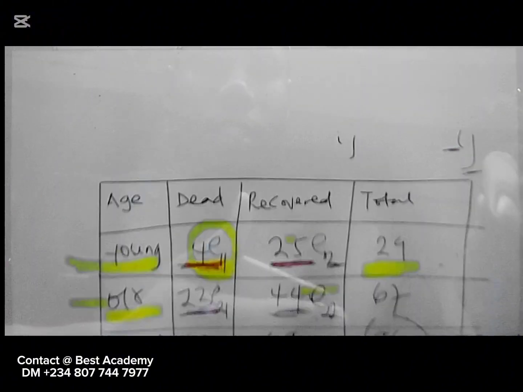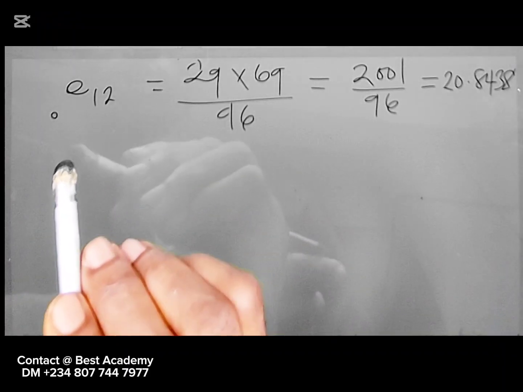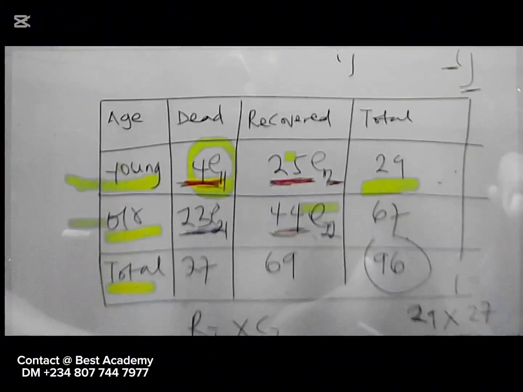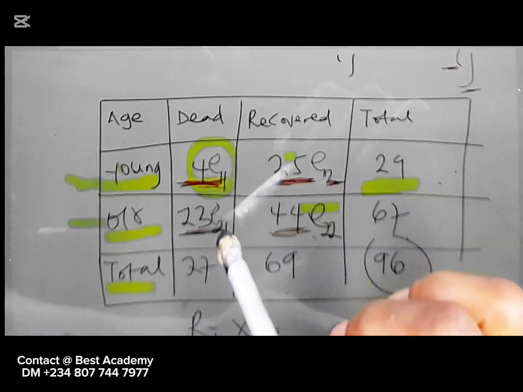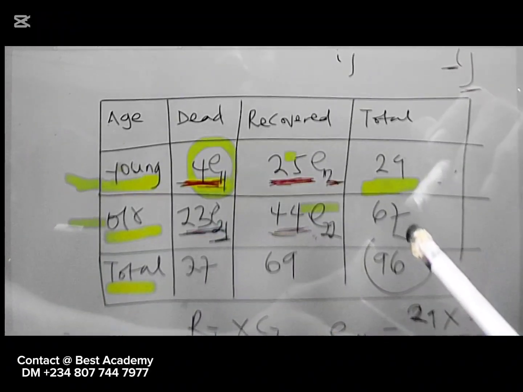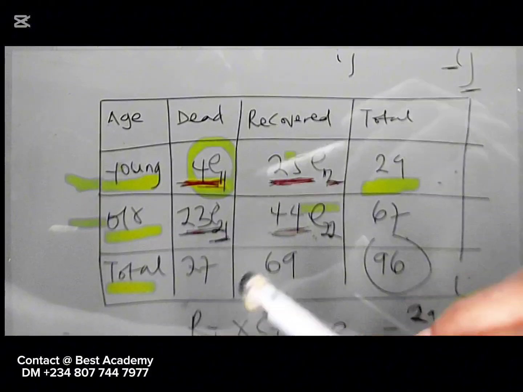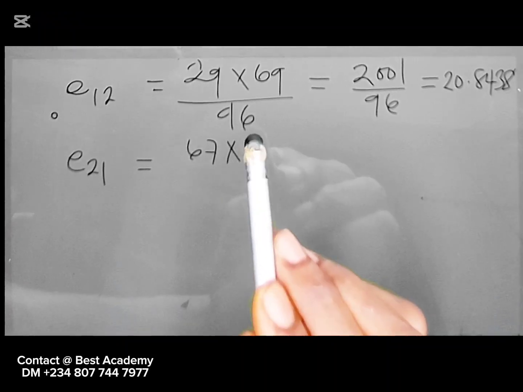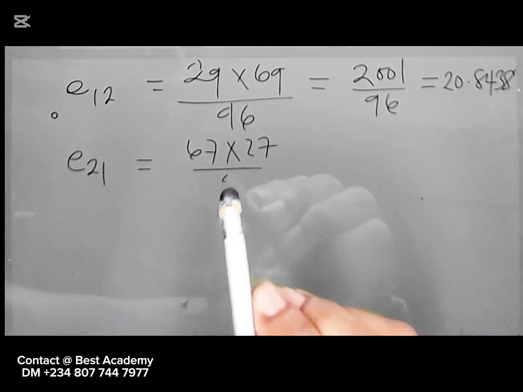Now the next thing is E of 21. The total of the row is 67, the total of the column is 27. So this is 67 times 27 over 96.